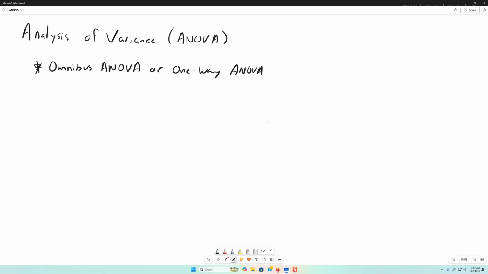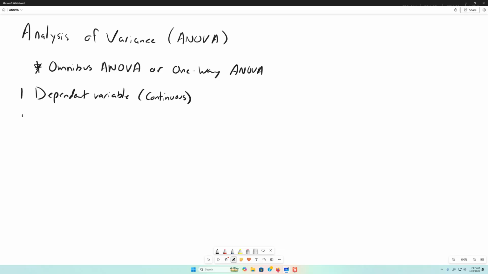So what kind of ANOVA is this? Well, for this ANOVA, we have one dependent variable, continuous. So a continuous dependent variable, whatever we're measuring, it's continuous.